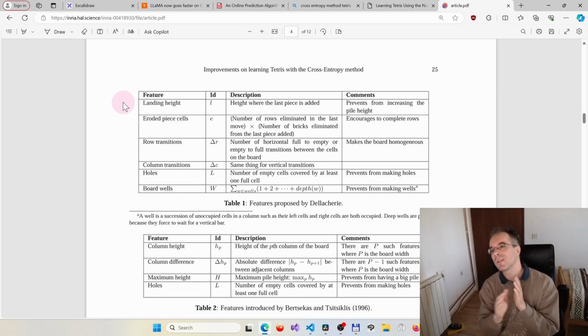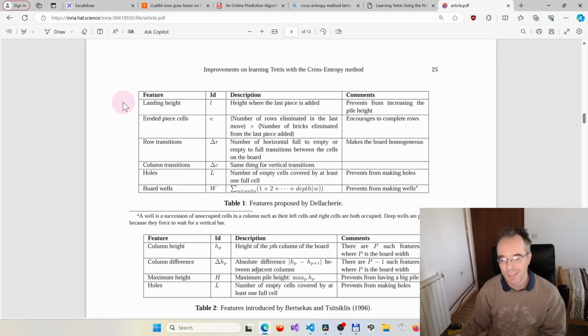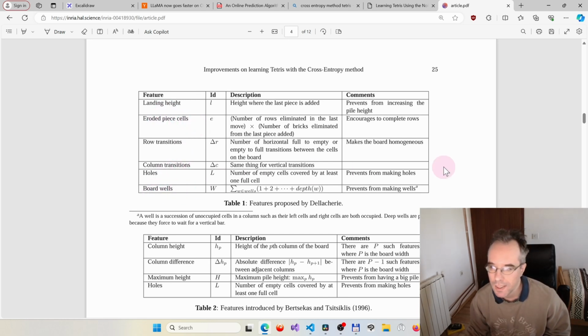They mentioned they had something like 22 features, and those features were in a linear, real-valued vector of floating point values. And you have things like landing weight, eroded piece cells, row transition, column transition, holes, board wells. I basically have no idea what all of that is.